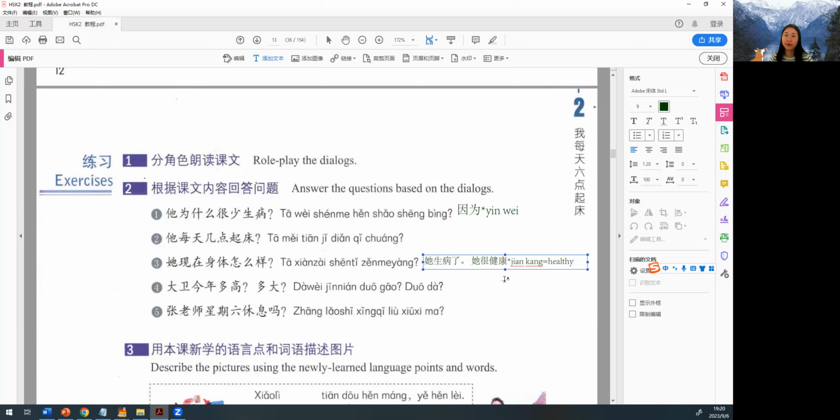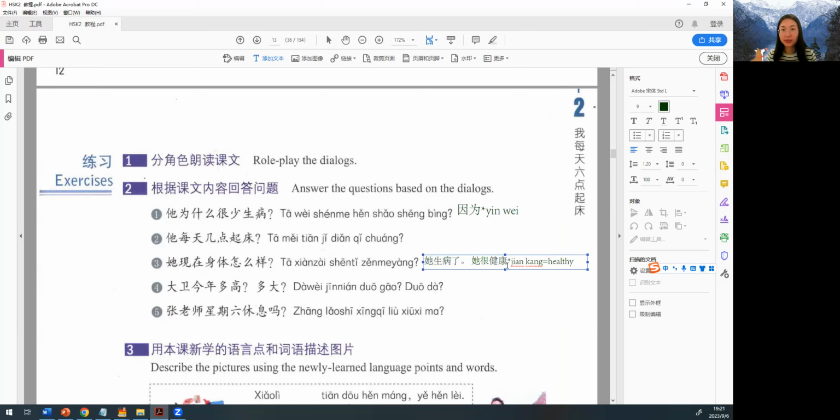A quick review: when we make up a sentence in Chinese, somehow we cannot really match it with the English grammar. If we use an adjective, like she's very pretty, she's very beautiful, she is very healthy, we just simply say 她很健康.